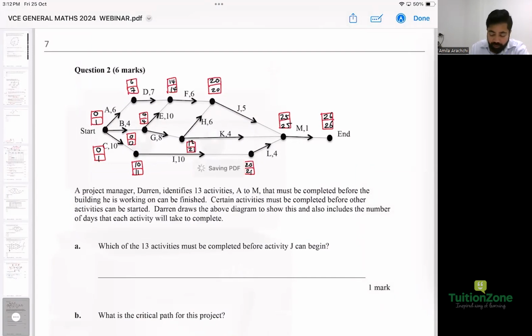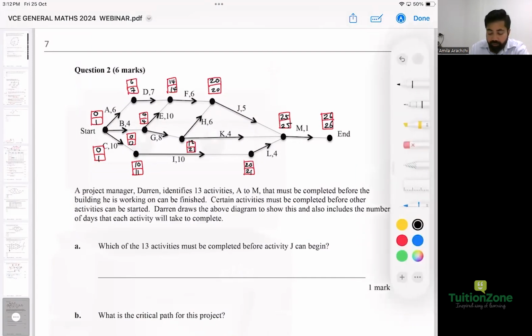Get the answers and double check if you get the same answer. Give it another minute or two just to make sure you get the same. If there are any mistakes in mine, just let me know.